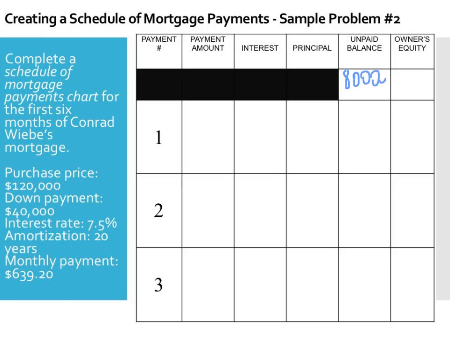His owner's equity was the amount of home that he owned at the beginning, and that was what he put for his down payment, so that was $40,000. The payment amount column is just going to be the monthly payment, and for every month it's going to be the same: $639.20. We can do that for each month.